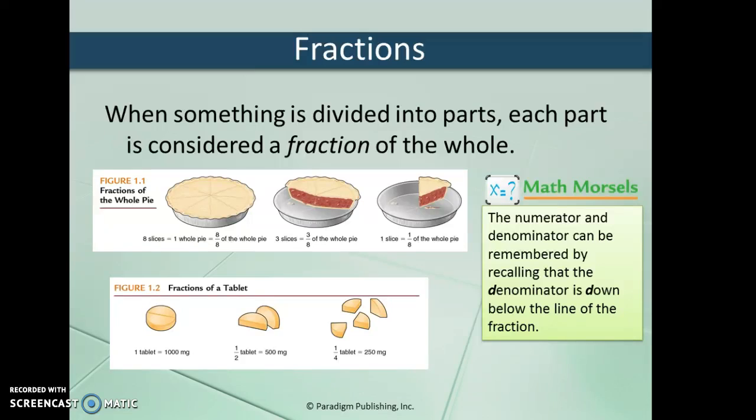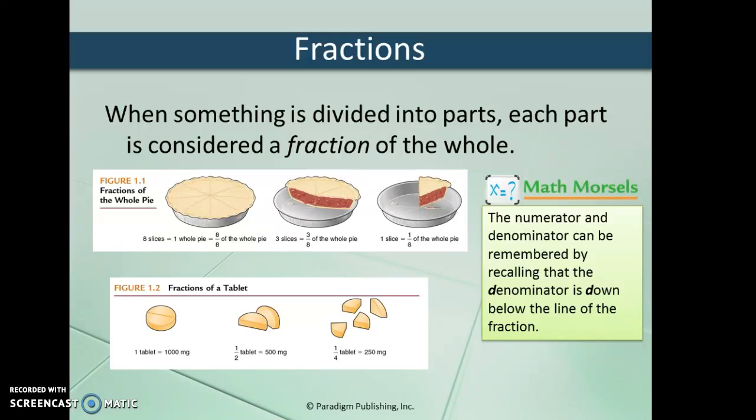When something is divided into parts, each part is considered a fraction of the whole. Let's look at figure 1.1. If a pie is divided into 8 equal slices, each of which is a fraction, or 8 out of 8 of the whole pie, the pie is still a whole. If you are left with 3 slices of the pie, then you have 3/8 of the whole pie.